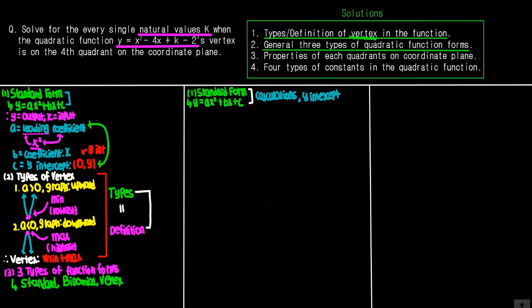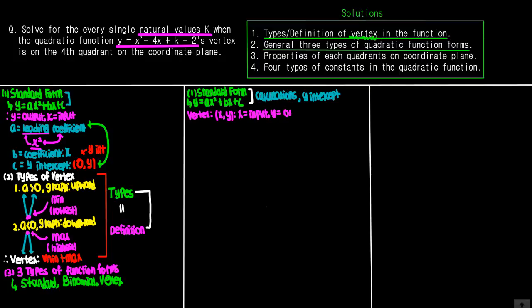But one thing that is bad about our standard form is we cannot draw a perfect graph of a quadratic function because we can't solve for the vertex. We know that every single coordinate in our coordinate plane is formed by x, y, where x is the input of our function and our y value is the output.